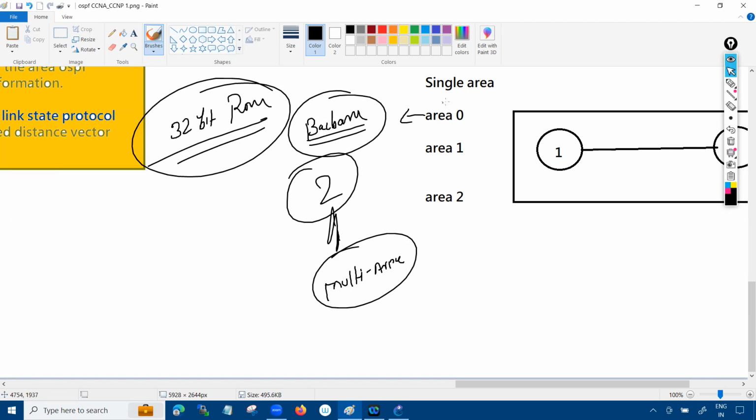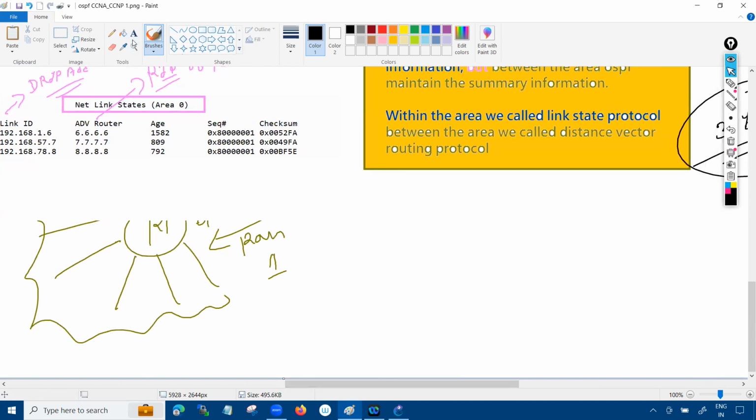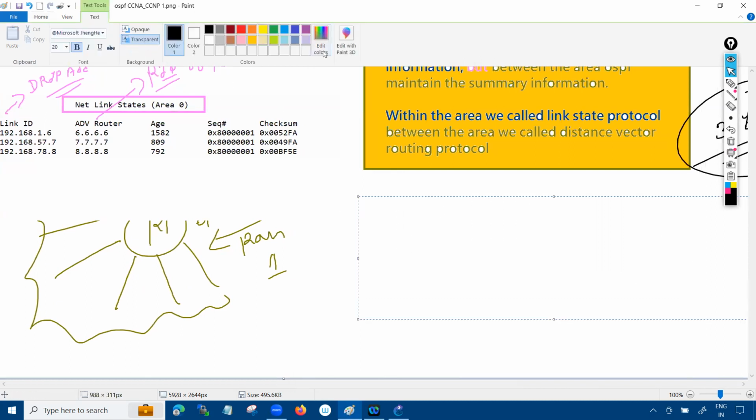Same thing. Area 0 must be present in your OSPF domain. If you have a multi-area concept, area 0 must be present.